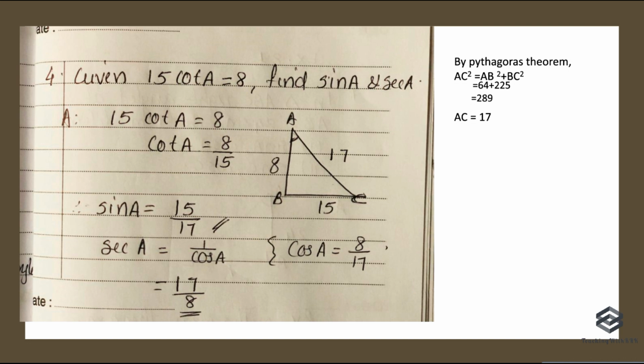Fourth question. Given 15 cot A equal to 8, find sin A and sec A. Same as third question. Here 15 cot A equal to 8, that means cot A equal to 8 by 15.